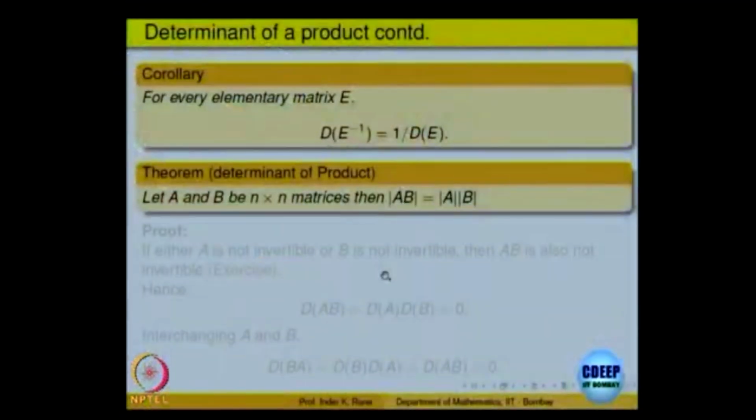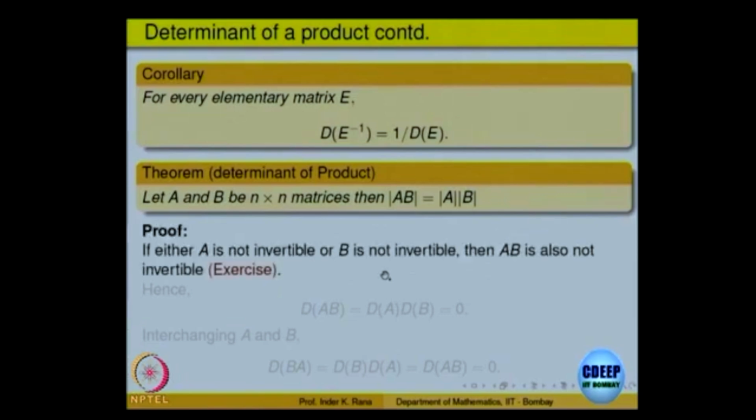So now we come to the fact that determinant of AB is equal to determinant of A into determinant of B. The proof is quite simple. There are two possibilities. One, either A is not invertible, A into B, they are square matrices. Possibly either A is not invertible or B is not invertible.